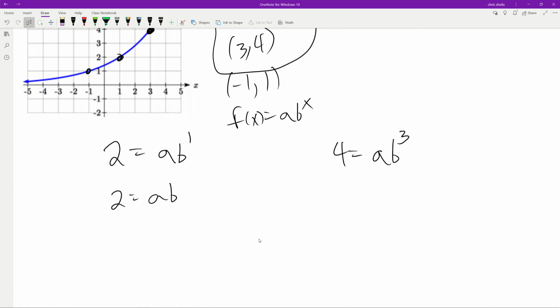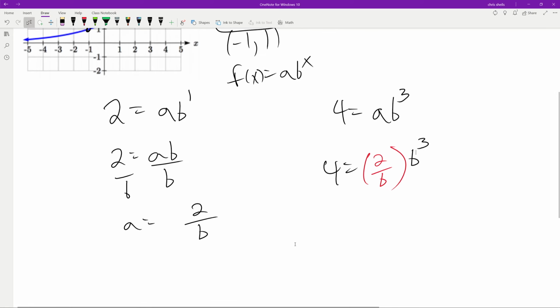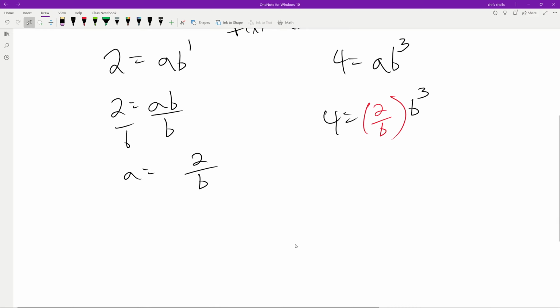Let's solve for a. We divide both sides by b, and I get that a is just 2 over b. In the other equation, everywhere I see an a, I replace it with 2 over b. 2 over b times b cubed is 2b squared. I divide both sides by 2.